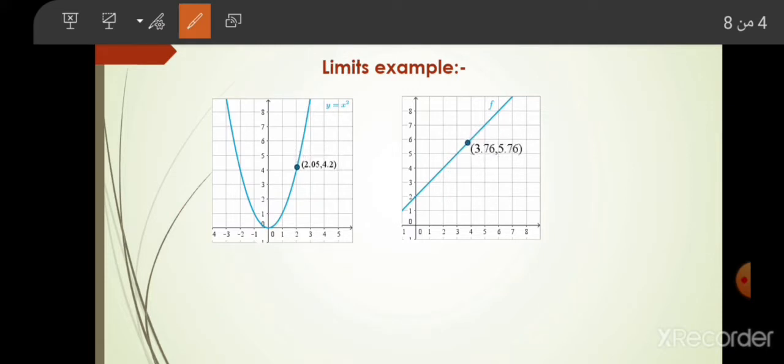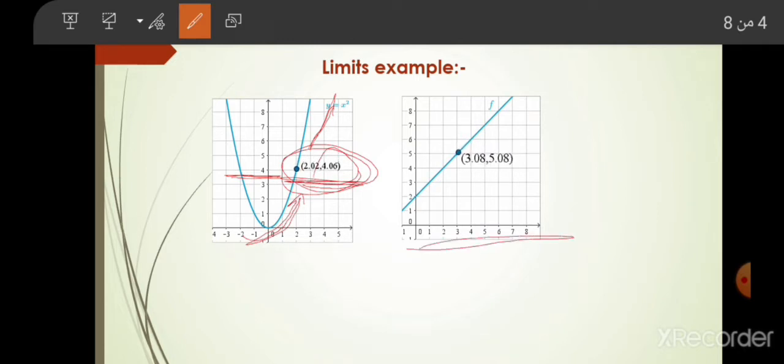When the x value gets closer to 2 from the left and from the right, we notice that the y value is getting closer and closer to 4. Pay attention to this value when they approach. It's getting closer and closer to 4.